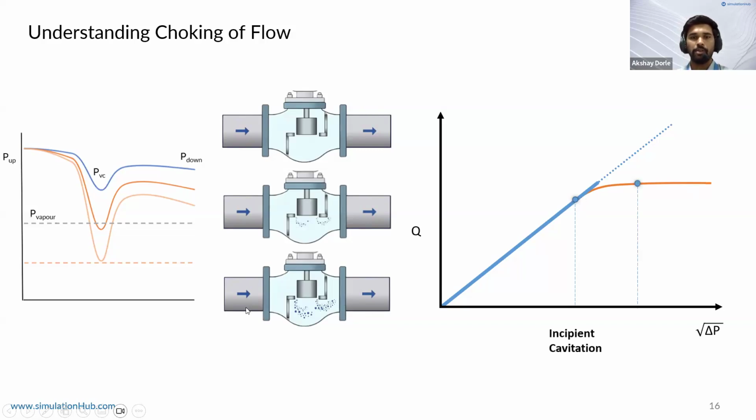And if we keep on increasing the pressure drop, we see that the curve is flattening. There's no effective flow increase after a certain pressure drop. This we would refer to as choked flow, and the corresponding pressure drop would be the choked pressure drop. So since the flow is not increasing, it's becoming flat.